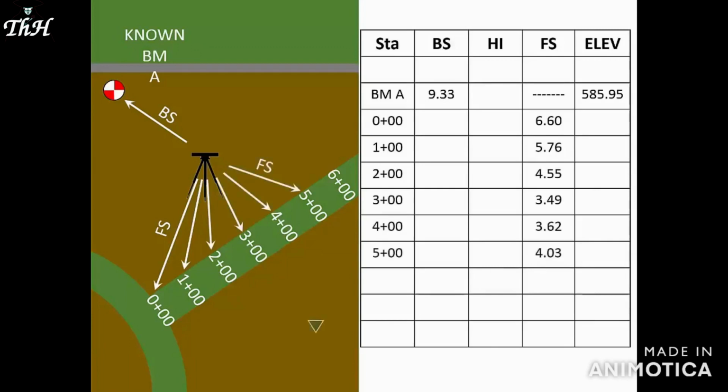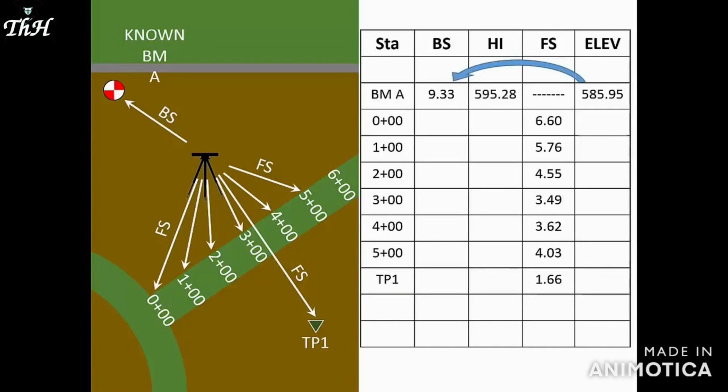Since all 6 of these foresights were read from the same instrument setup, we'll use the same HI value for all 6 elevations. Watch this. By adding the backsight reading to the benchmark elevation, we get the HI of the first setup, 595.28 feet.